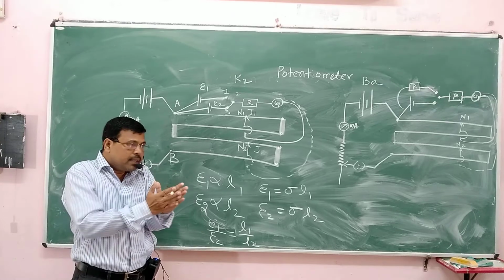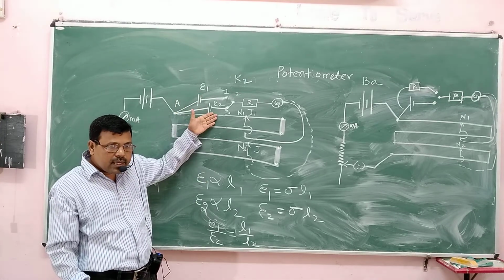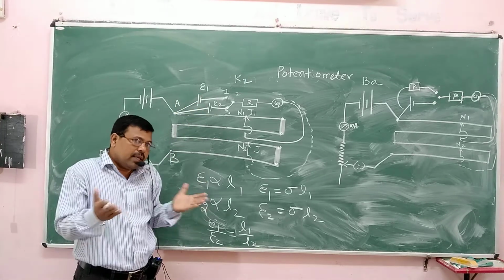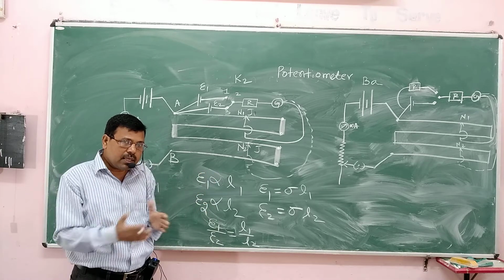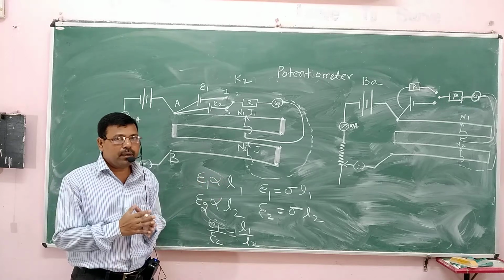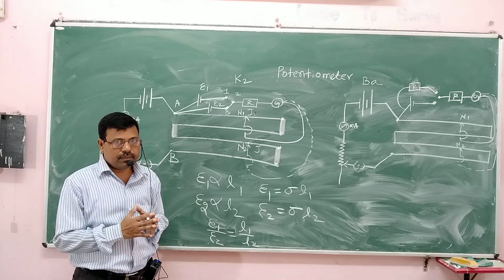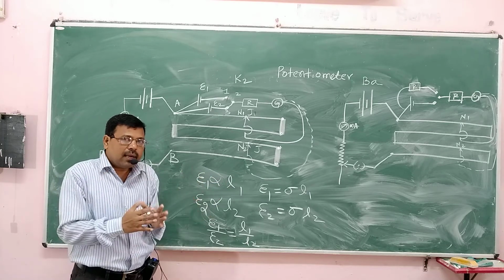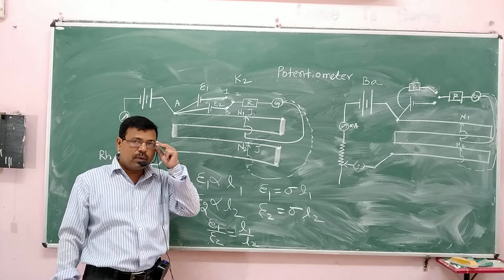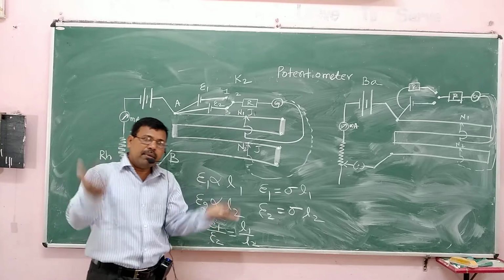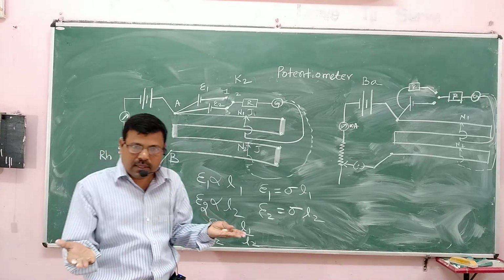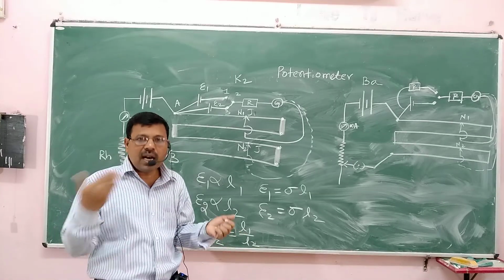If you connect the Leclanche cell and the Daniell cell, usually the EMF of the Leclanche cell will be more. It gives more balancing length as compared to the Daniell cell. The Daniell cell and Leclanche cell are two given primary cells. What are primary cells? Primary cells are those chemical cells which cannot be recharged.